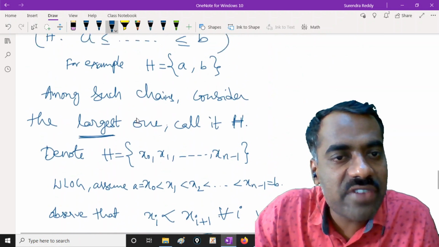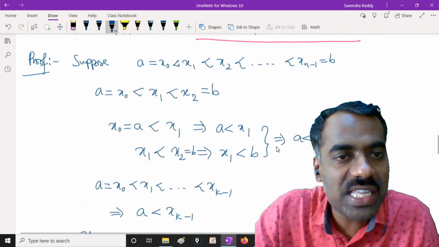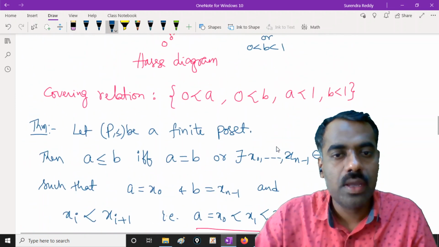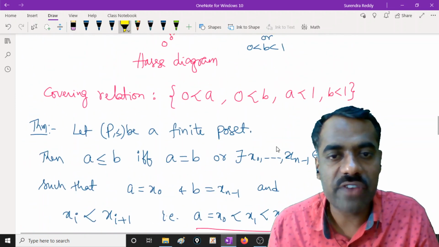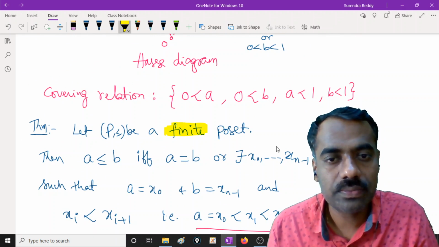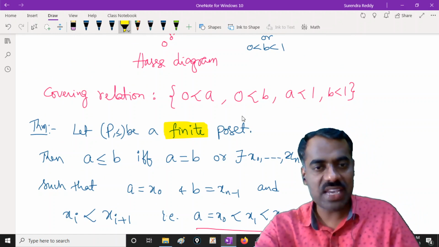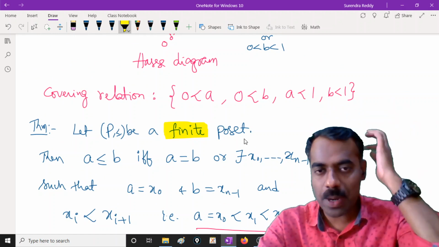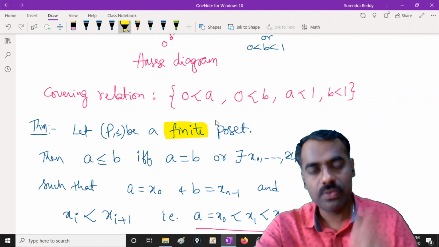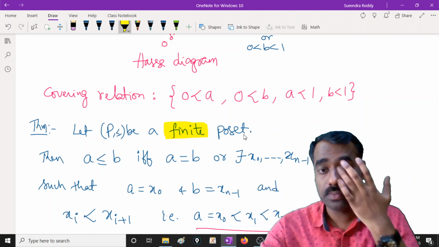Can you see where we have used this finite one? If you see in this statement, where have we used the finite case? Can somebody think where we have used this finite? What is the problem if we take infinite here? Why can't this be true for any poset?